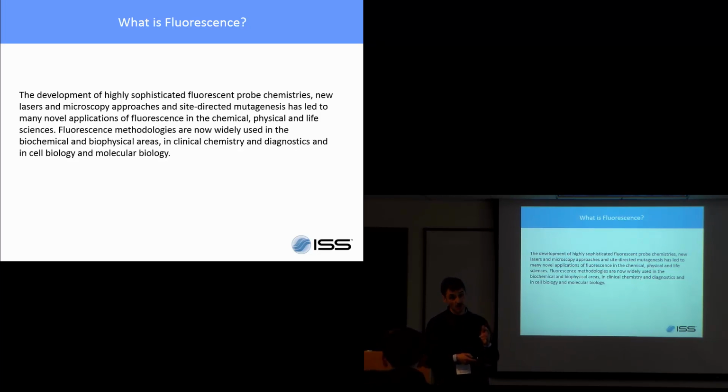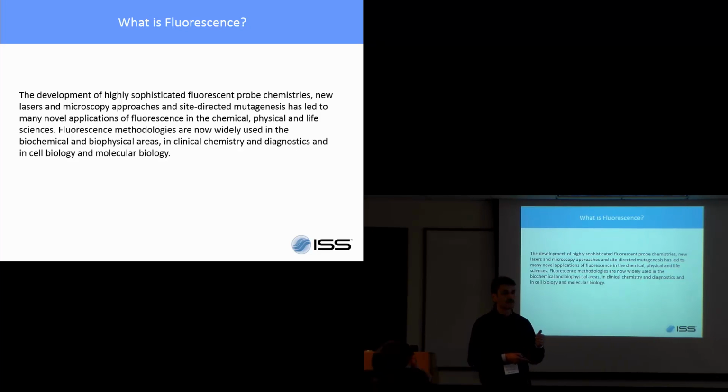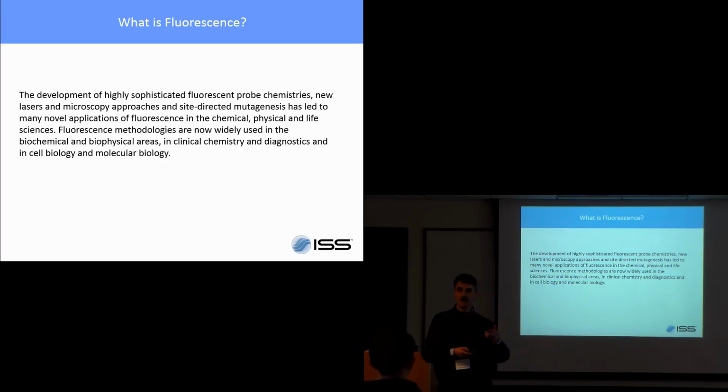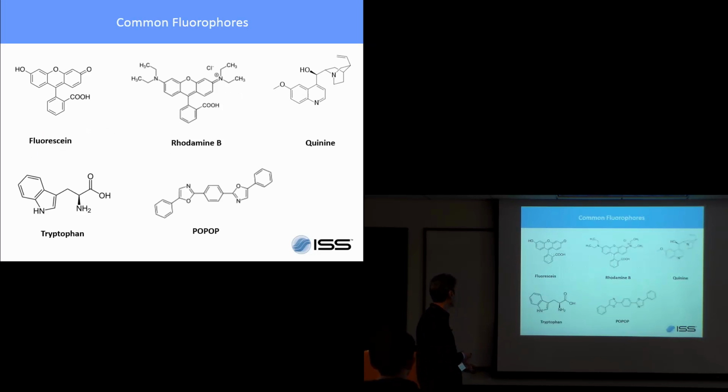The other, which is more important, is the development of fluorescent probes that we can use as sensors for specific applications. Also, with the introduction of the family of green fluorescent proteins, we can now grow proteins that are fluorescent and follow how some of the processes within the cell occur.